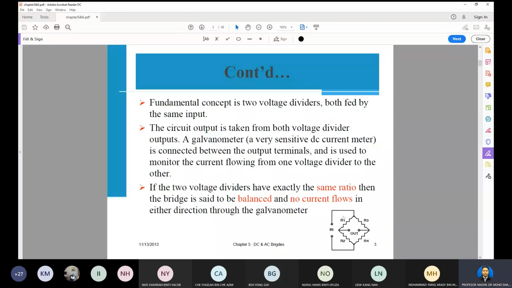But if the circuit is balanced, the voltage across R1 equals that across R3, and the voltage across R2 equals that across R4. So no current flows through the galvanometer, and it indicates zero.